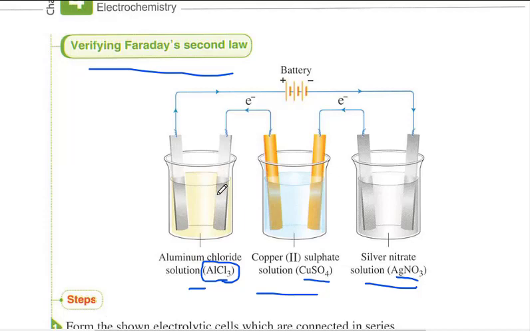So we connect the 3 cells together in series like this, and then pass some quantity of electricity through the electrolytes and measure the deposited aluminum at the cathode, the deposited copper at the cathode, and also the deposited silver, by passing the same amount of electricity.